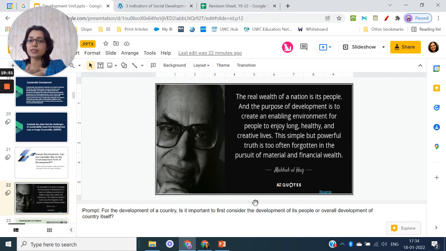Why is the state created? So what Mahbub ul Haq is saying is that states are created so that they can provide such an environment where people can enjoy long, healthy, and creative lives. This simple but powerful truth is too often forgotten in the pursuit of material and financial wealth. So, a glimpse of growth versus development.